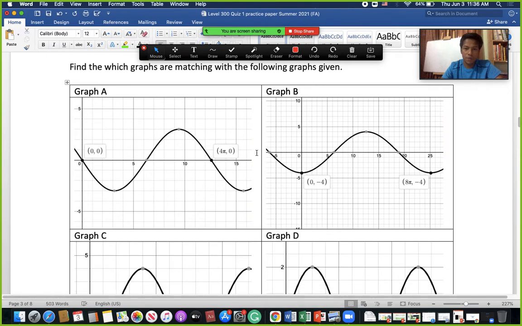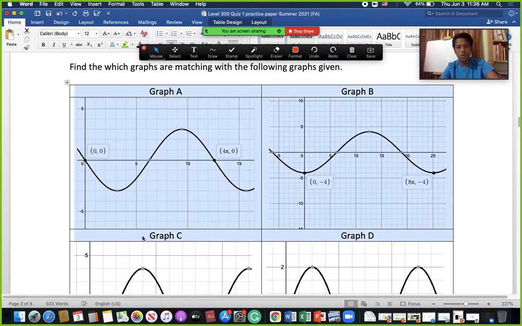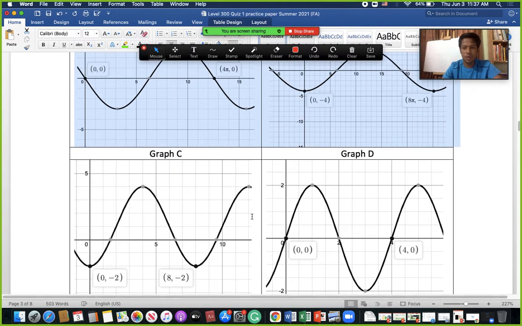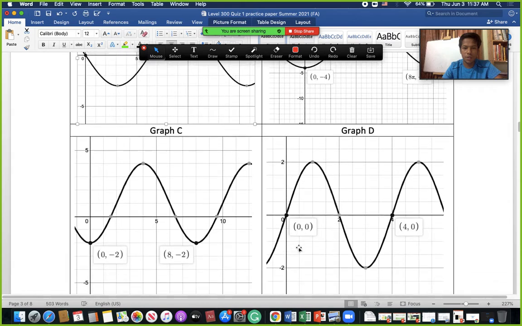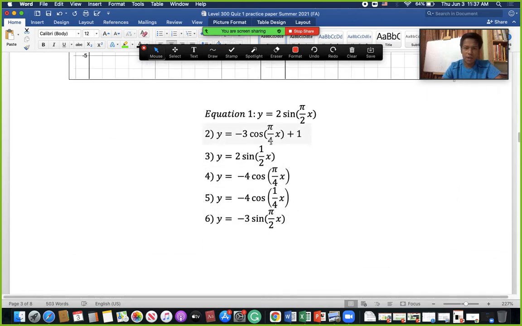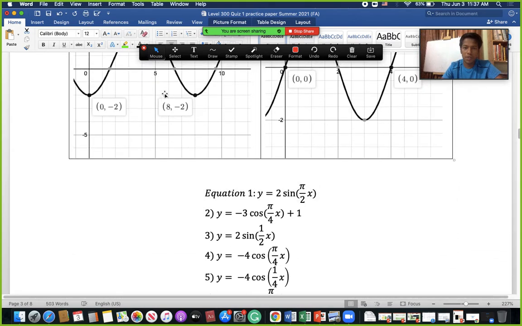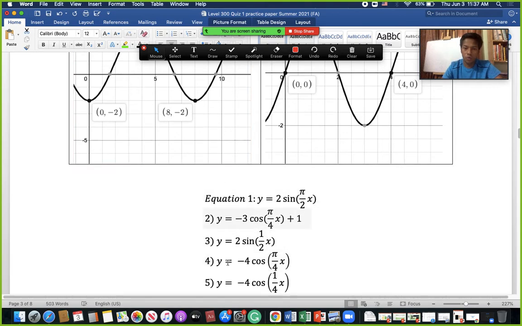Then this one is matching the graphs with the function. So this is graph A, B, C, D. Let me try to bring this to the middle. So yeah, the texts are in the middle now. There are 4 graphs here, A B C D, and there are six functions, 6 equations here. You will have to match 4 with 4, and there are 2 extra, so you will automatically understand which 2 are extra.